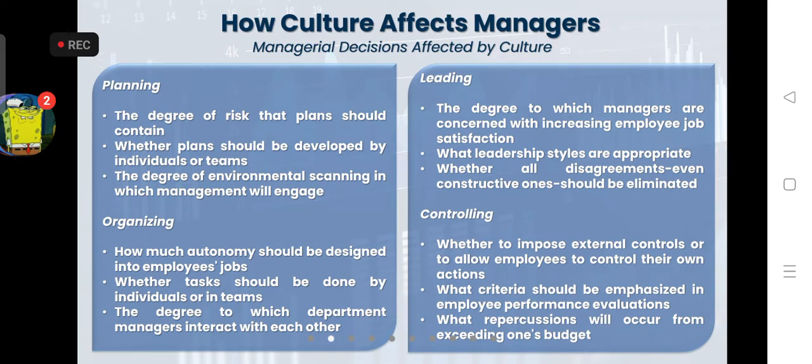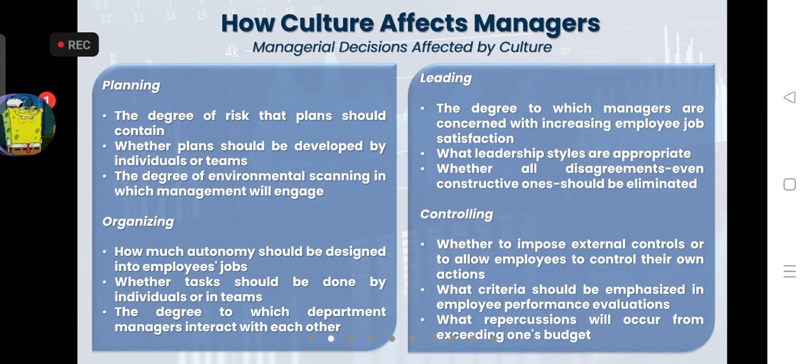Let's proceed to organizing. How much autonomy should be designed into employees' jobs, whether tasks should be done by individuals or in teams, and the degree to which department managers interact with each other.